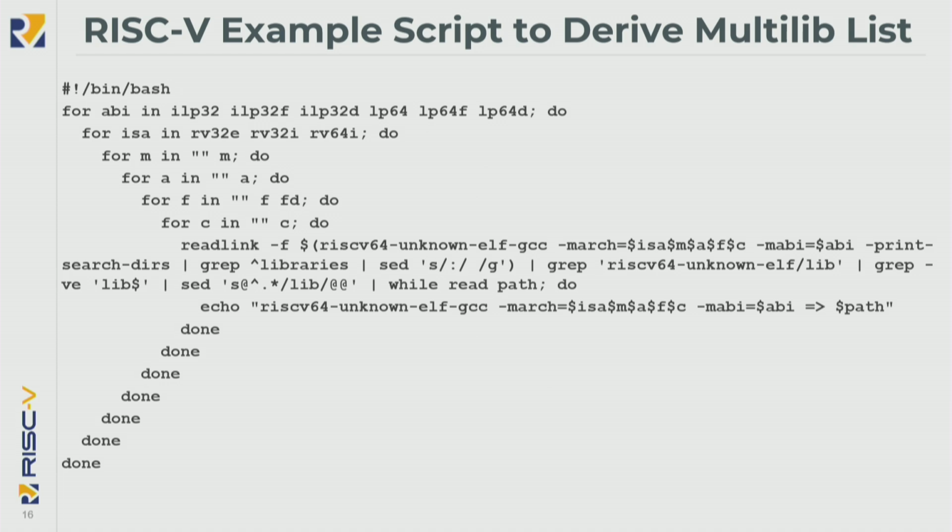Here's a snippet of the script that we use to derive the multi-lib. Basically, all it does is walk through all the possible ABIs, and then for each ABI, it walks through the possible ISAs along with the extensions to figure out the combination of ISA and ABI that determines which particular library you use.